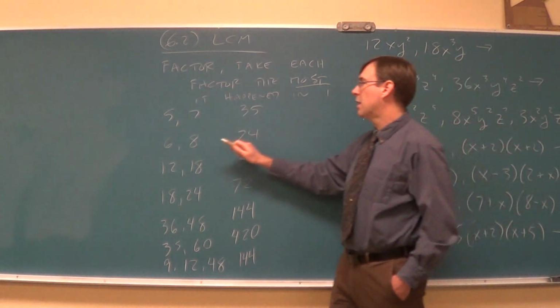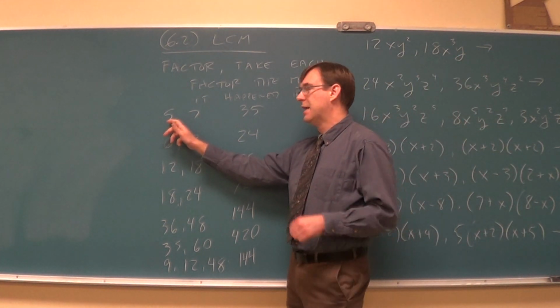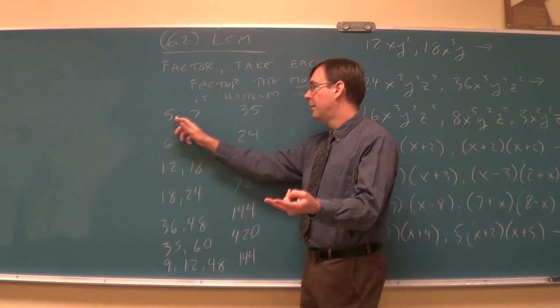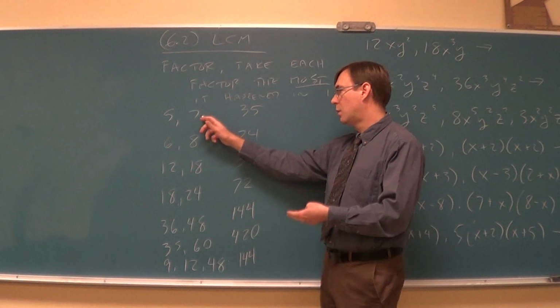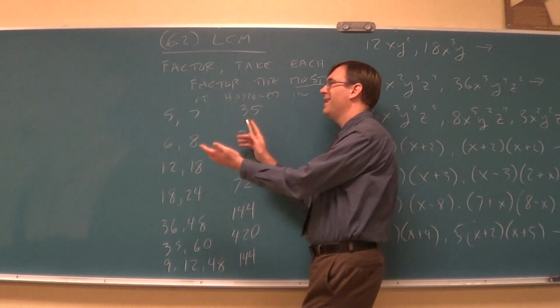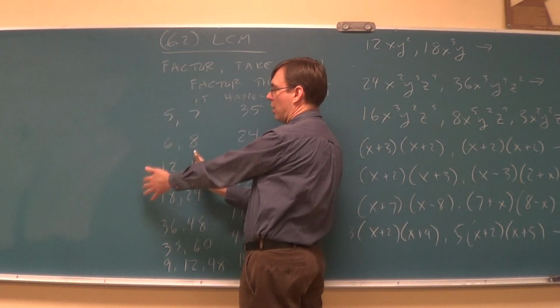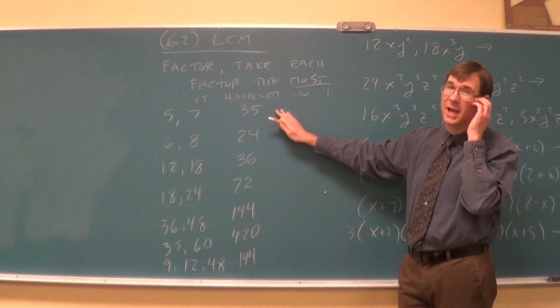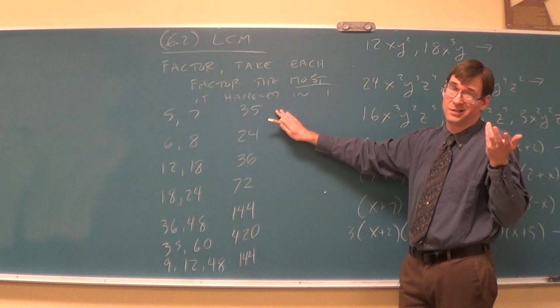I wouldn't necessarily recommend to anybody to list 5, 10, 15, 20, 25, 30, 35, and list 7, 14, 21, 28, 35. I wouldn't necessarily recommend to anybody make both lists and look for what's in common, although that works, because I just don't want to spend the time making lists.